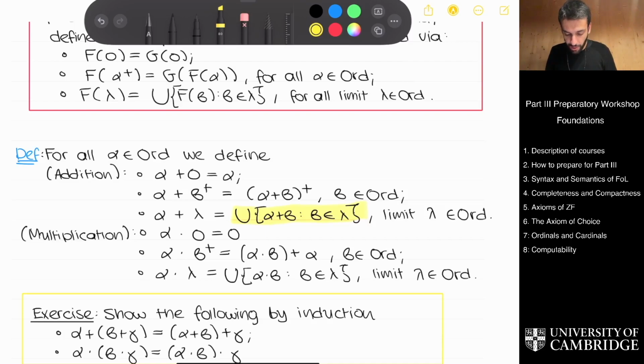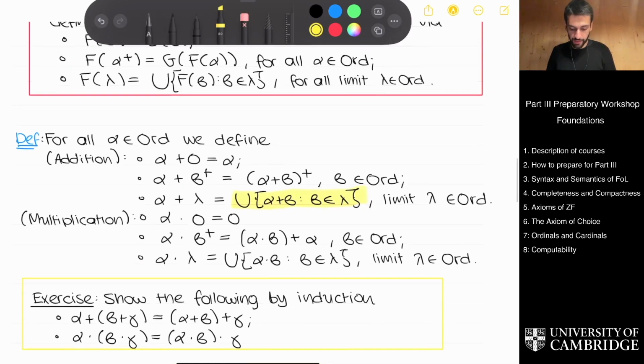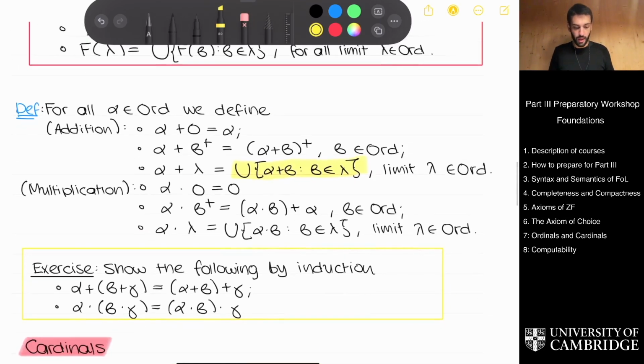Well, alpha plus beta are all ordinals by induction. This is a set of ordinals. Why is it a set? Lambda is a set, so by replacement, this is also a set that exists. And therefore, the union of this is an ordinal. In fact, it is the supremum of all of these things.